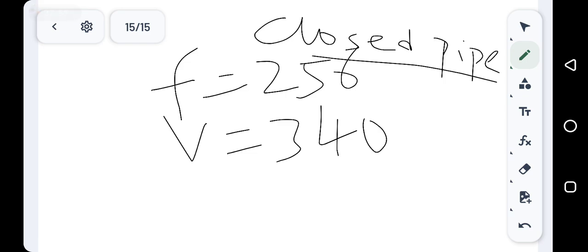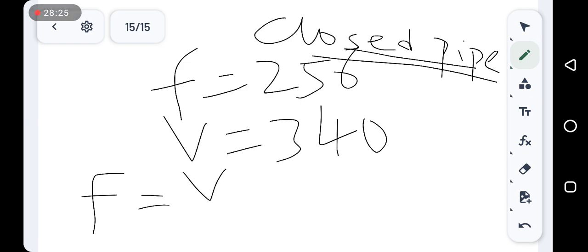We have a closed pipe. The frequency is 256 and the velocity is 340, and we are asked to calculate the length of the pipe. This is the formula to use. For a closed pipe, frequency is equal to velocity over 4L.